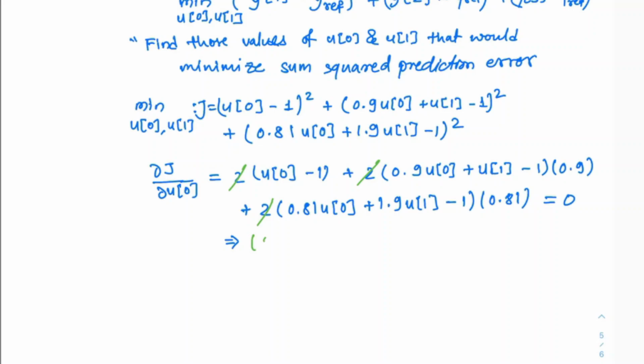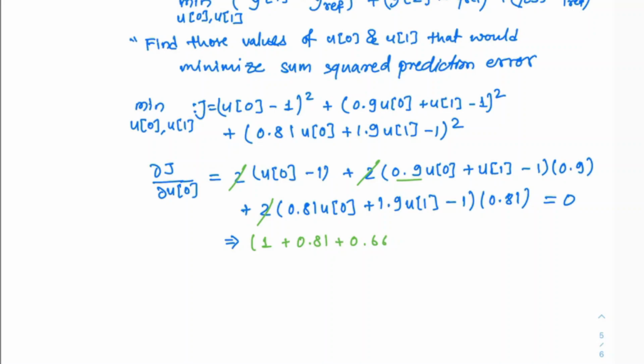We have 1 here, then 0.9 into 0.9, 0.81 here, and then 0.81 into 0.81, which is 0.6561.